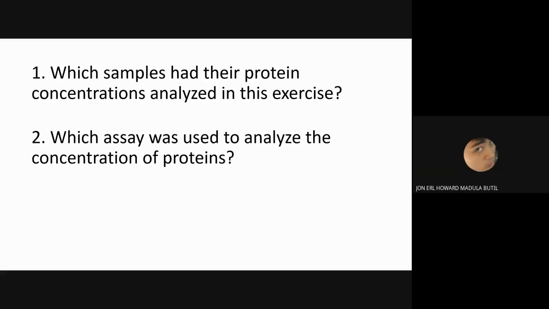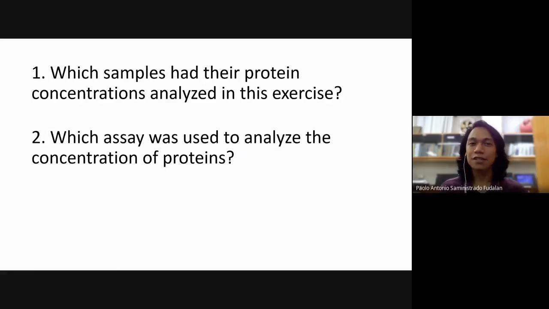Answer: Bradford assay is the method that determines how much protein the solution contains. The darker the blue, the higher the concentration of protein in a certain solution. That's the purpose of the Bradford assay, determining the concentration of the protein.